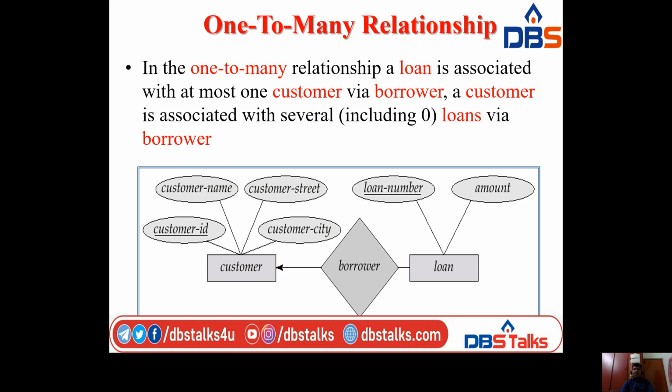A loan is associated with at most one customer via borrower. A customer is associated with several, including 0, loans via the borrower. Here the arrow mark is provided to the customer side, that is one side, and to the loan side we are not providing any arrow mark. Now this is about the one-to-many relationship.